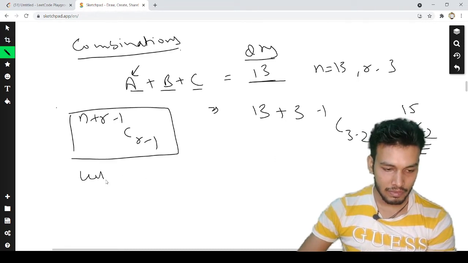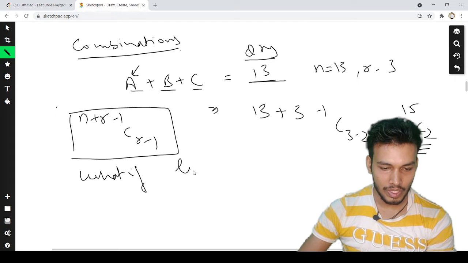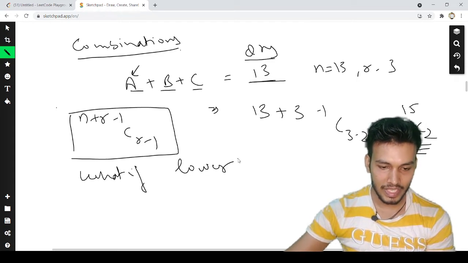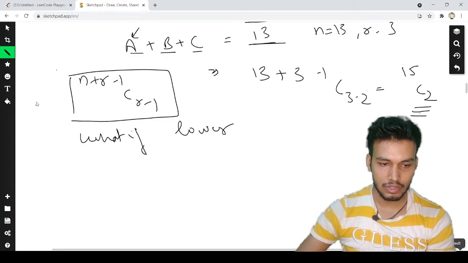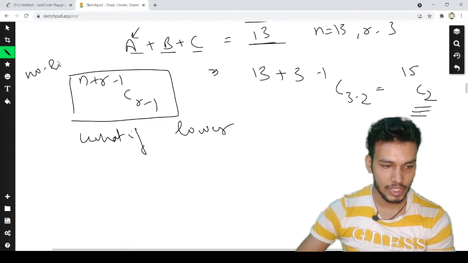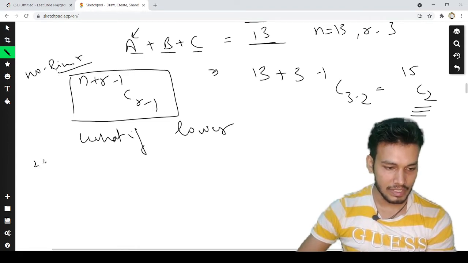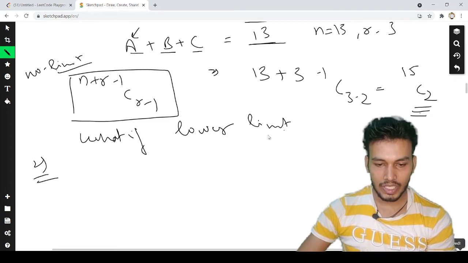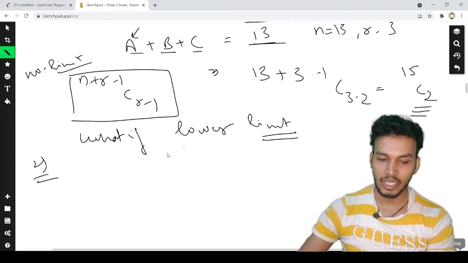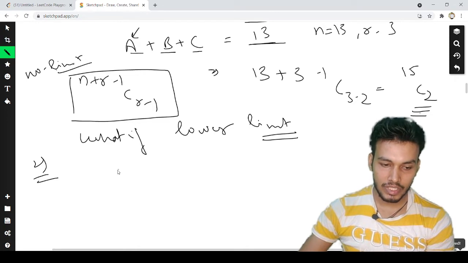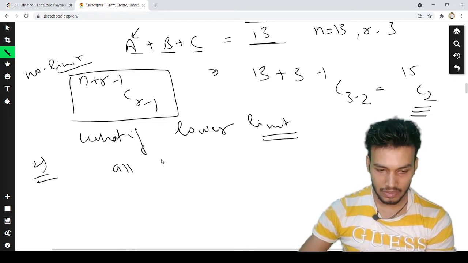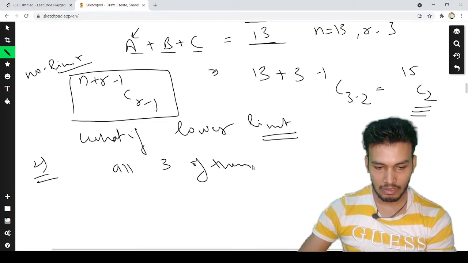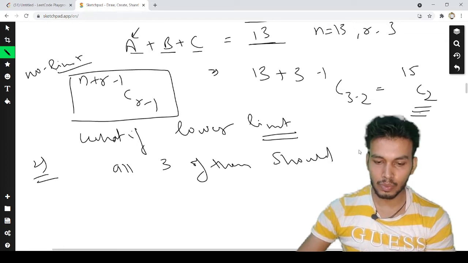But what if there is some lower limit? There are two cases. The first case is with no limit. The second case is where there is a lower limit. In the case of a lower limit, it will say that all three of them should get at least one.